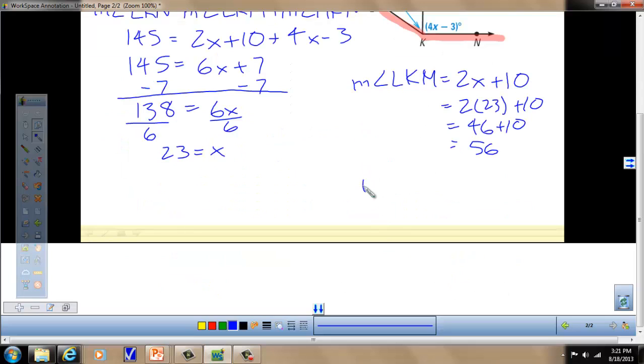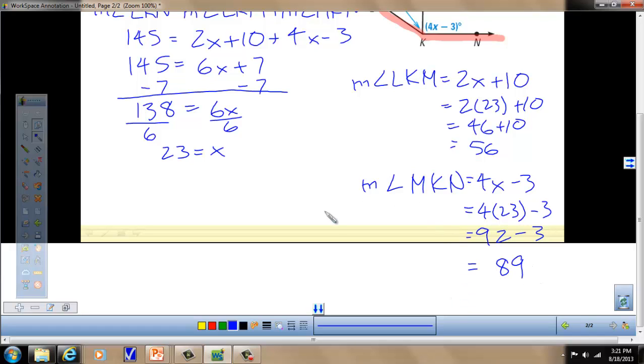For the second one, we're going to take the measure of angle MKN, which is 4x minus 3, and we're going to do 4 times 23 minus 3. This gives us 92 minus 3, which is 89.